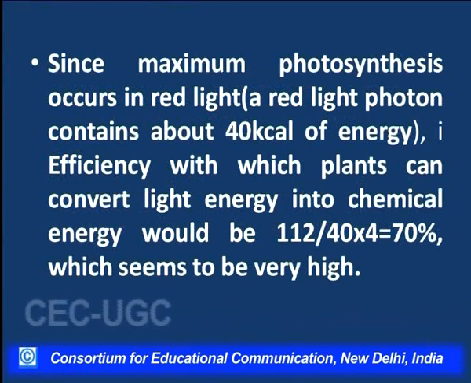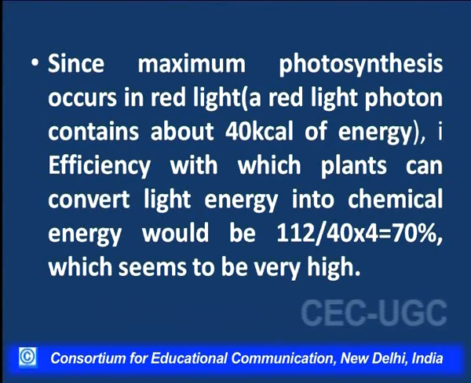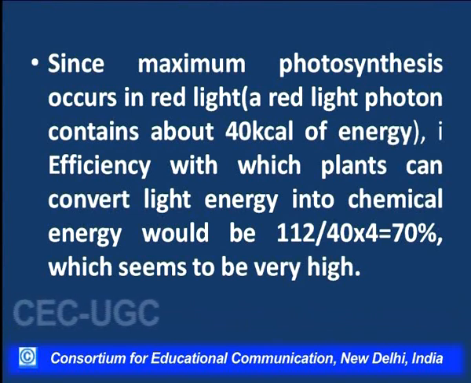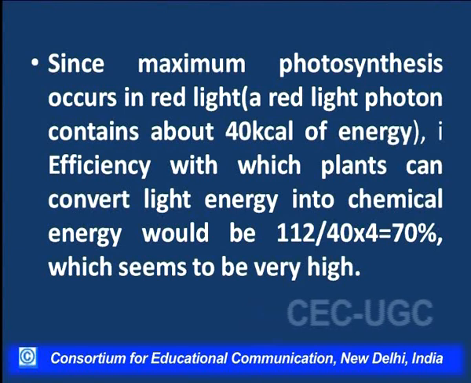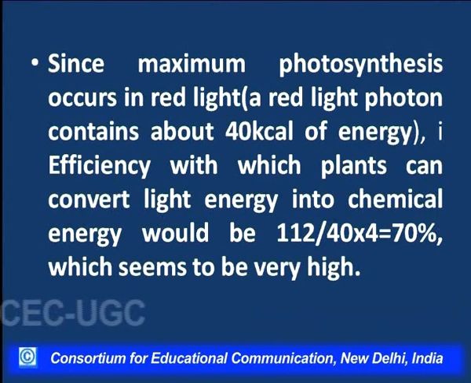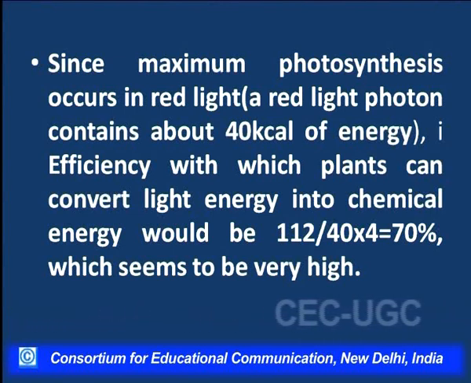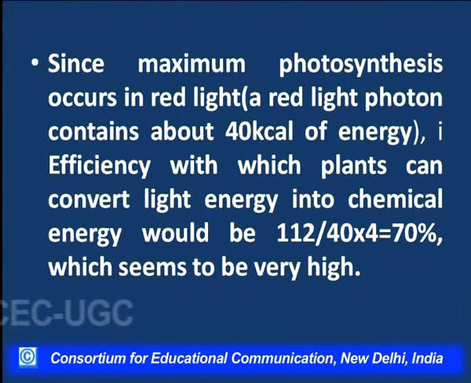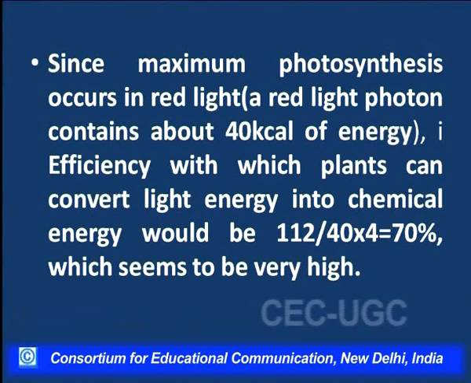We have seen in previous lectures that the best and most effective wavelength in photosynthesis is red light, and the red light photon contains about 40 kilocalories of energy. So the efficiency of conversion of light energy into chemical energy comes to 112 by 40, multiplied by the quantum requirement 4, which is 70%.